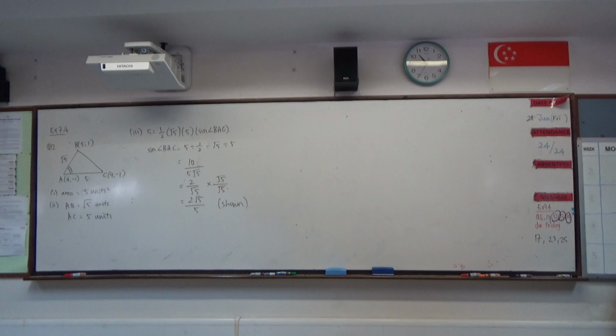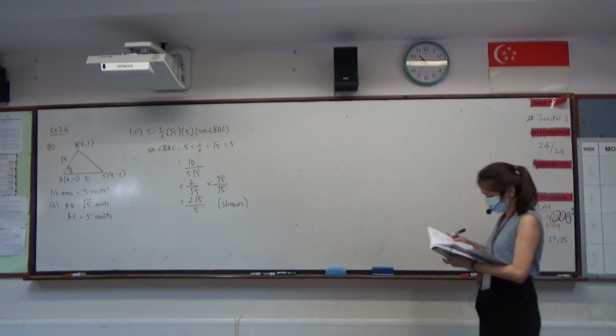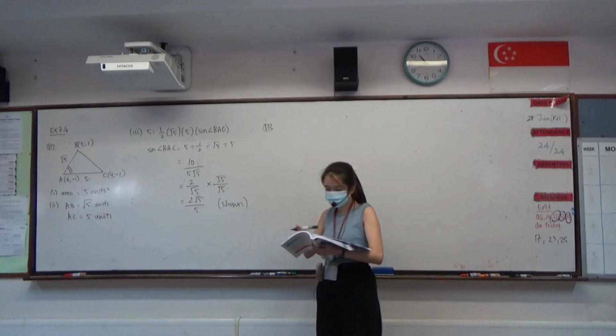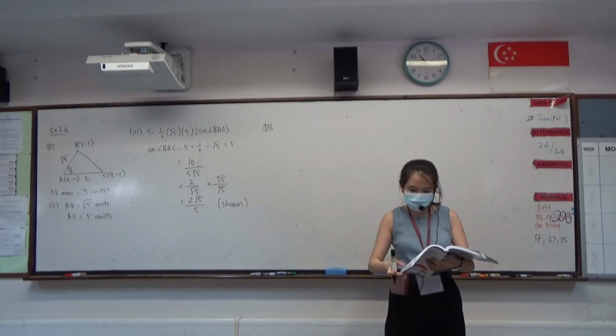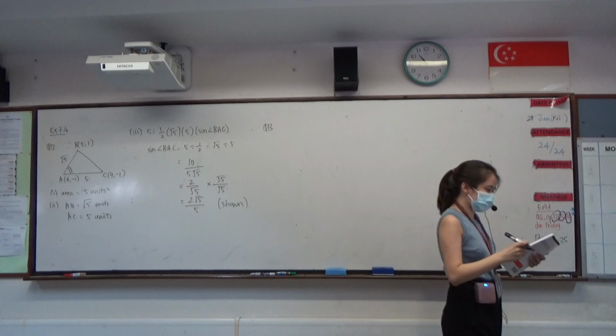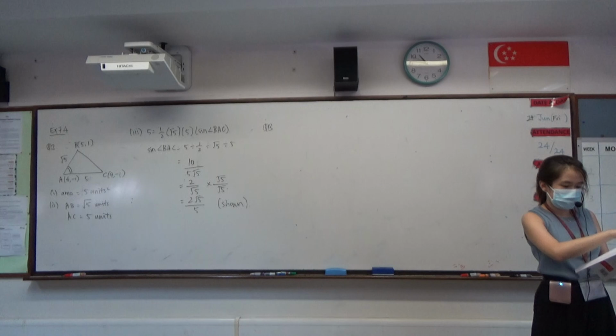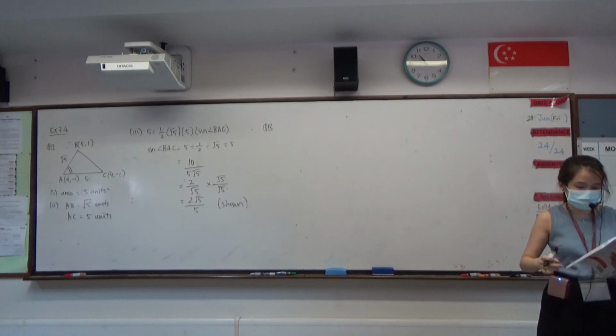Next, question 13. For question 13, the points A, B, and C are the vertices of a triangle. Given that the area is 80 units squared, we want to find the possible values of k.